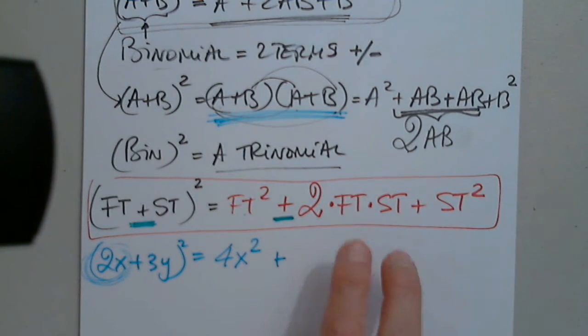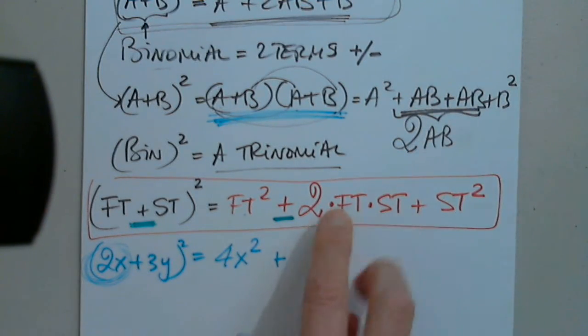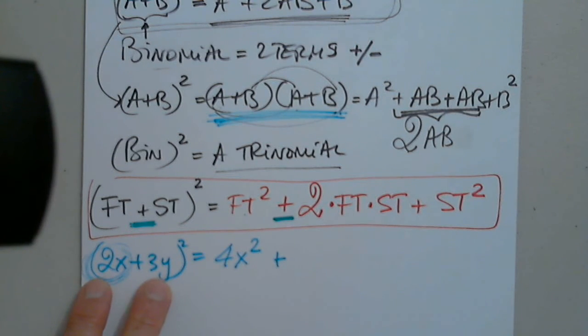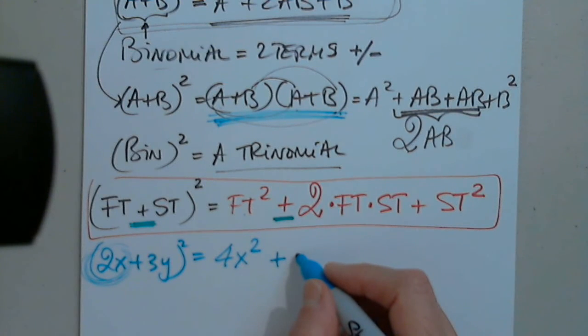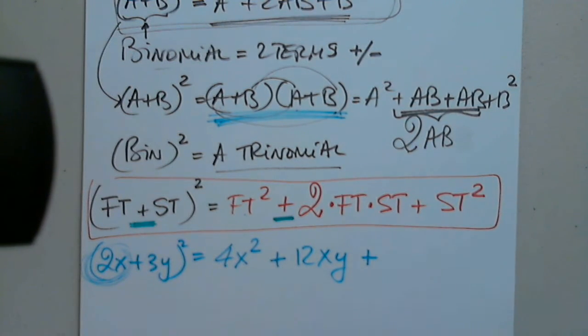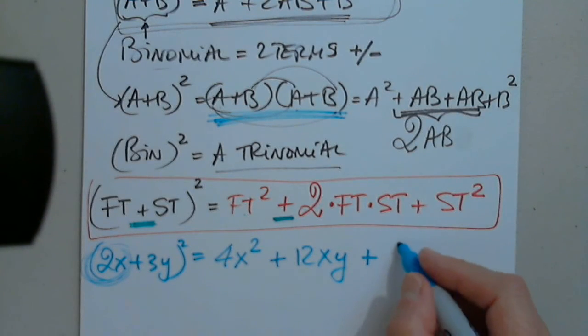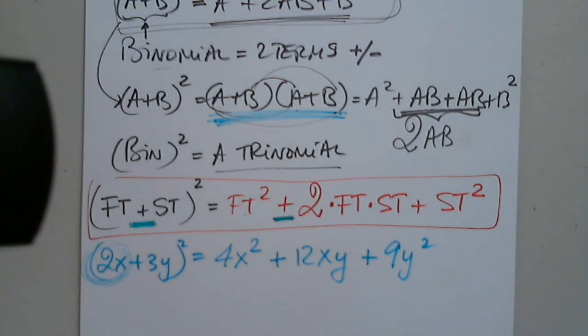Plus, now multiply these two first, and then multiply by 2. So let's multiply these two. 6xy, and then multiply by 2. 12xy, very good. Plus, let's square the last term. What do we get? 9y squared. That's it.